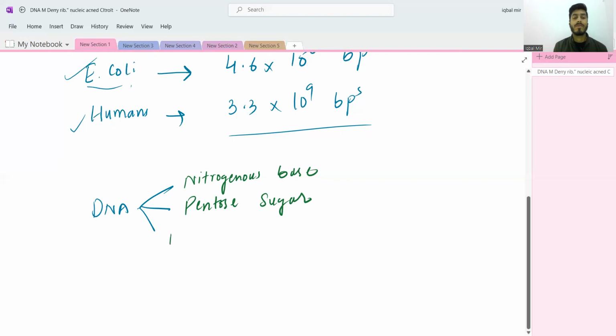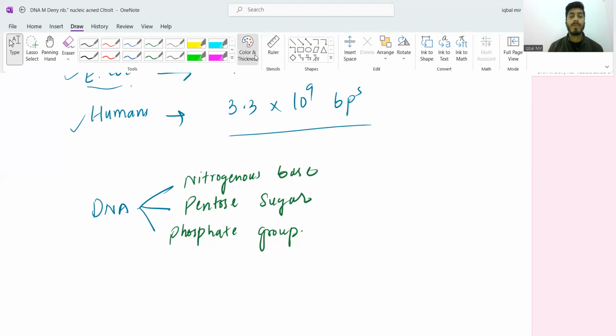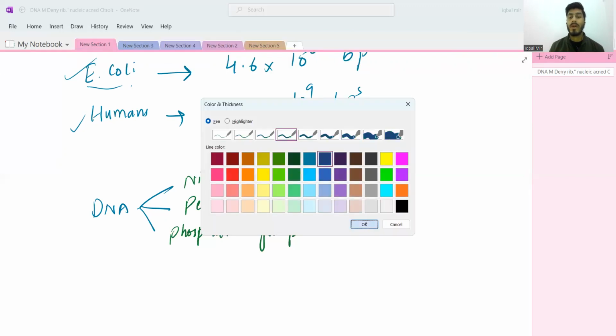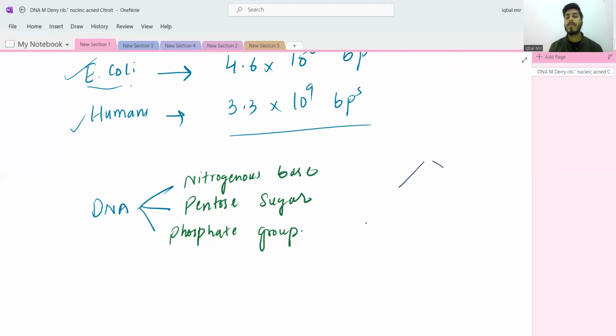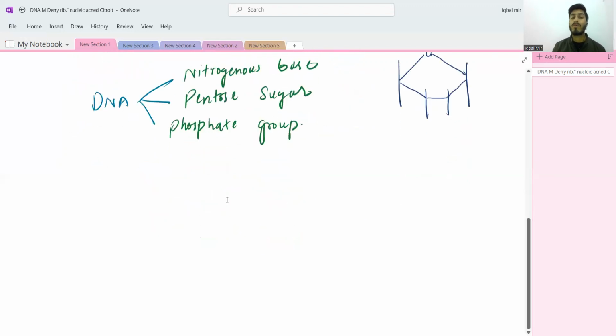Phosphate group. Okay. So pentose sugar we know already. This is the pentose sugar. You know nitrogenous base. Nitrogenous base can be purine, it can be pyrimidine. So I will write here nitrogenous base.